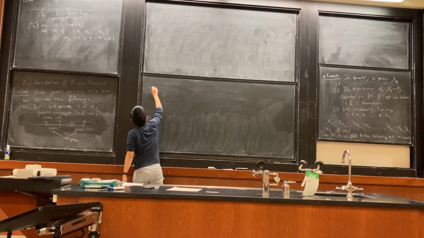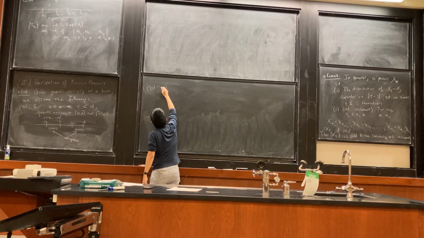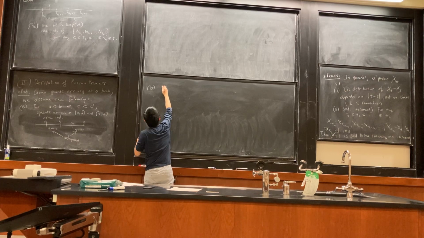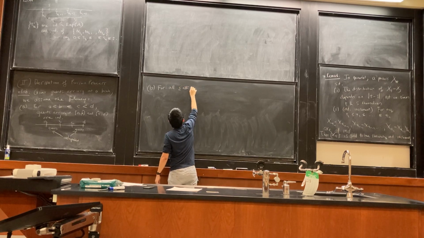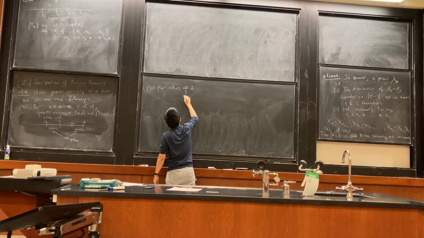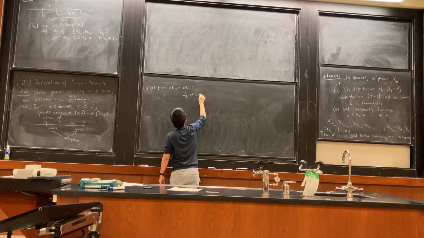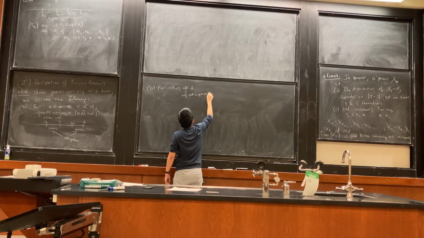Now for B, I'm assuming the following. Let's say for epsilon really tiny, this means very small compared to... All right.